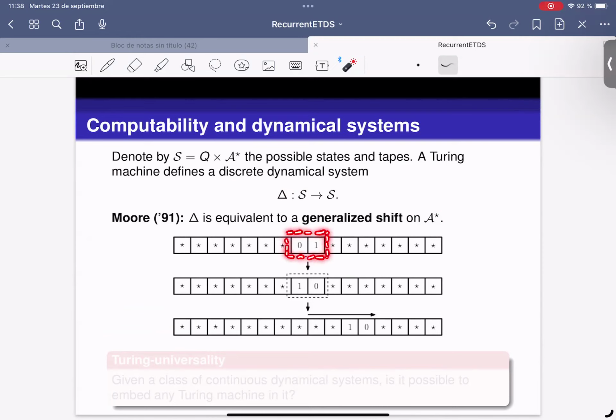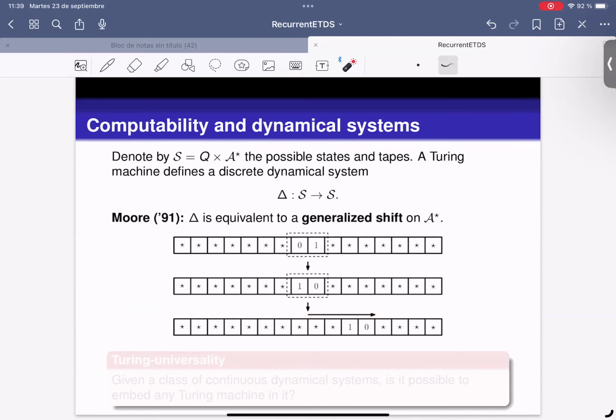Here the window size is 2, and a generalized shift always takes the string, reads the window, in this case 2 symbols, and makes a decision in terms of what it has read. So I have read 0, 1, so I will substitute 0, 1 by 1, 0. And then I will shift a certain amount of positions. Here, 2. So I will shift 2 positions to the right.